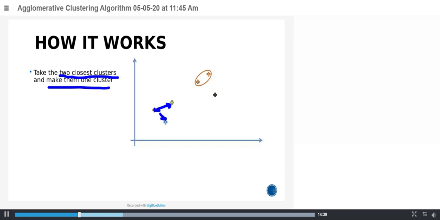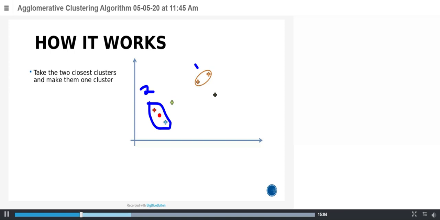What I do is I'm going to group it as cluster 2. This is cluster 1 and this is cluster 2, and I'm going to see whether this cluster's distance to this cluster, or this cluster's distance to that cluster, which one is minimum now.